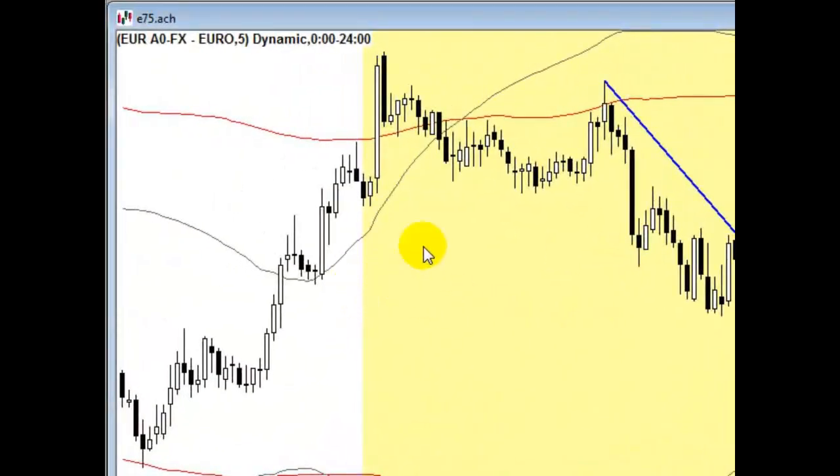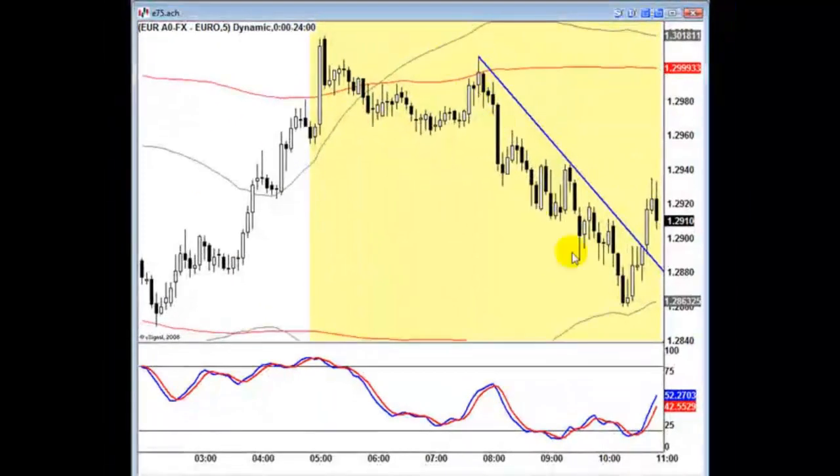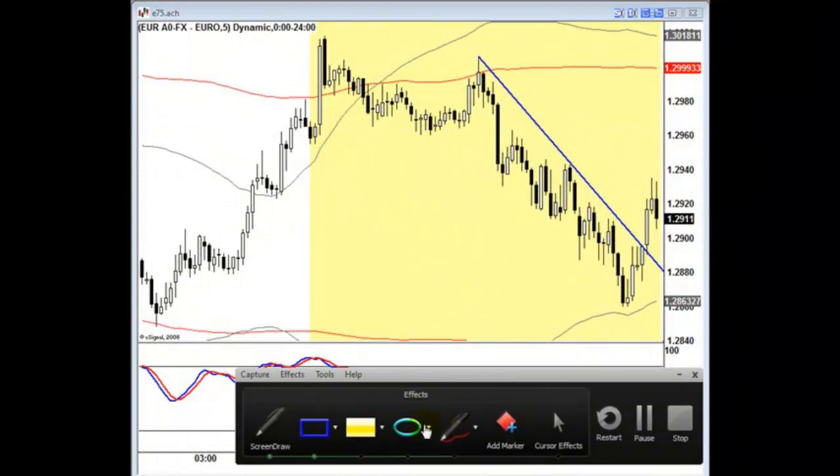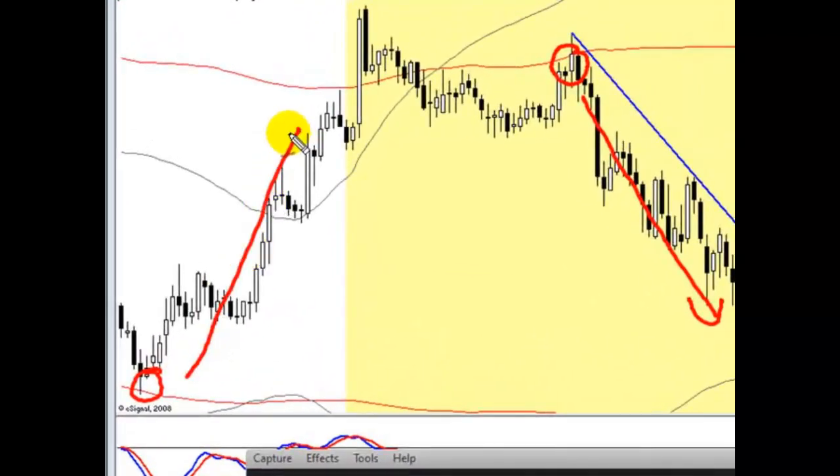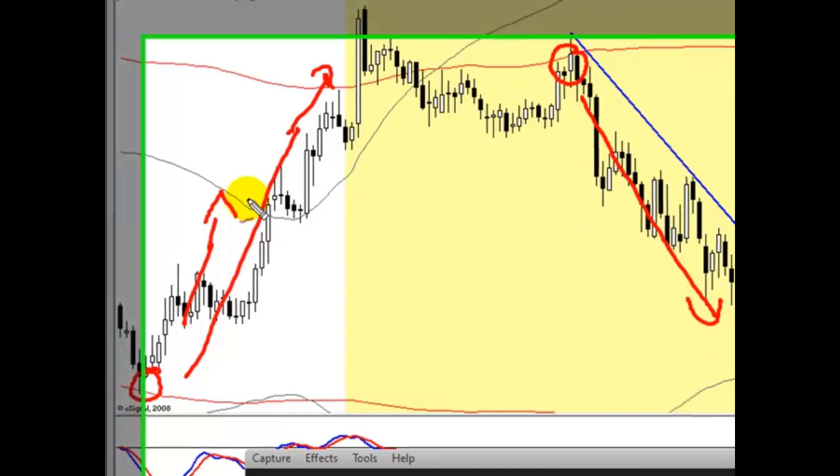So, for example, if I was short over here, I aim for the opposite side Bollinger Band. That's my sort of mental target. Okay, that's what I mean by that. Again, here, if I was long here, I aim for the opposite side Bollinger Band, either that Bollinger Band or that Bollinger Band. That's an area that I keep an eye on.